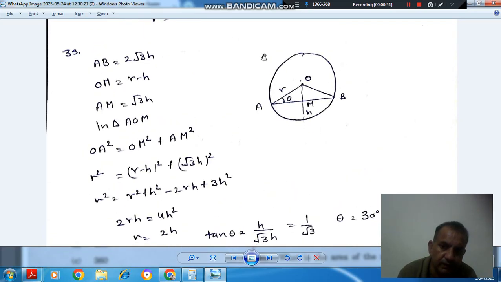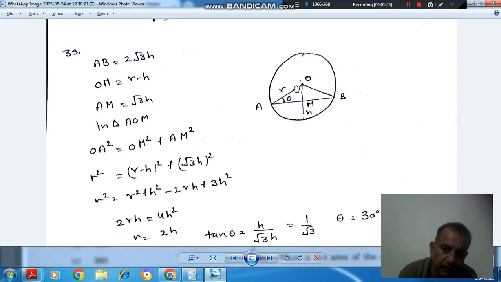So this is your circle and this is chord AB of length 2 root 3 h, and H is the height of the minor segment. If this is the radius, then OM will be R minus H, and AM will be half of 2 root 3 h, that is root 3 h, and this is the radius.